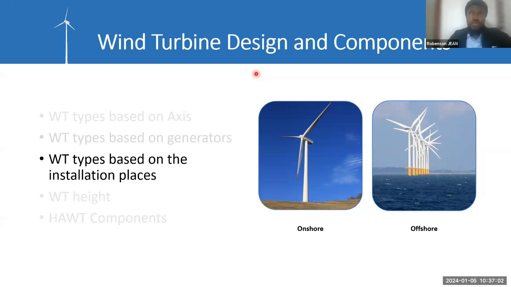High wind speed is more available at higher altitude and in some specific places, so they are constructing very big wind turbines. For that reason, the cost of wind energy is higher than solar energy cost.